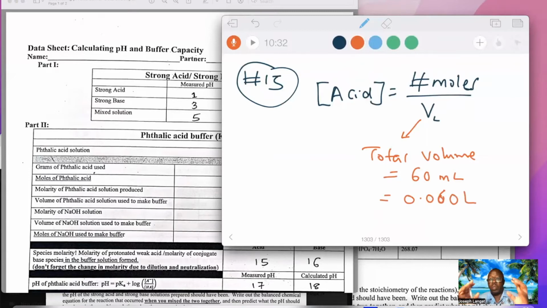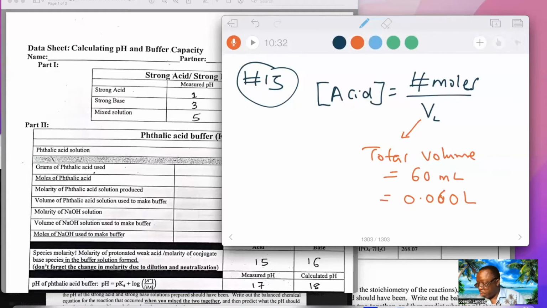You started with 40 ml of the phthalic acid, and you added 20 ml of strong base NaOH. What that means is the neutralization will not be complete, but the initial number of moles of the weak acid, the KHP, will be converted to the conjugate base.